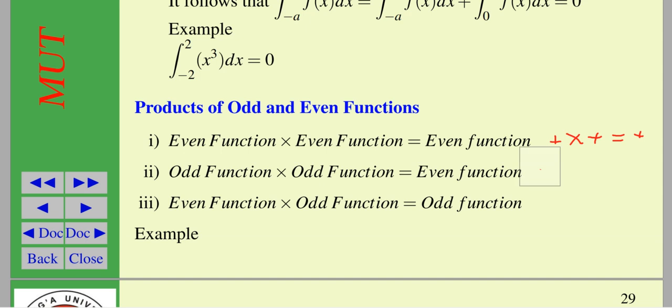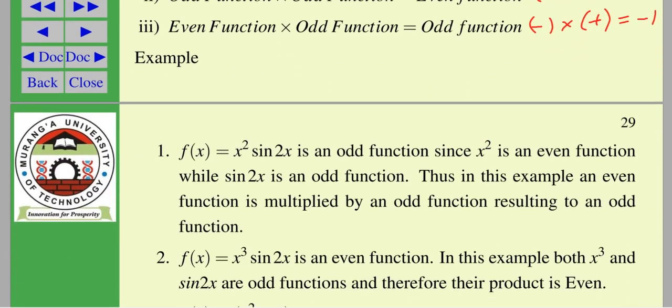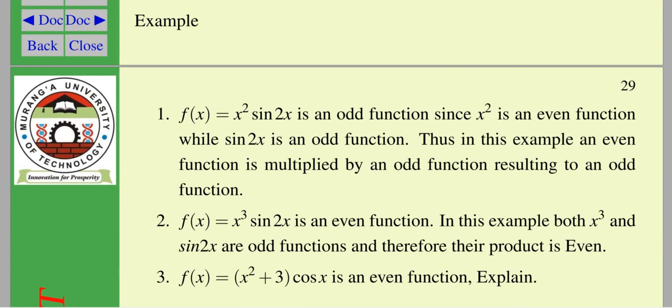You multiply a negative with a negative, and the result is positive. But when you multiply a negative quantity with a positive one, you get negative. So this one is analogous with the product of signs, and it's not difficult to remember that.